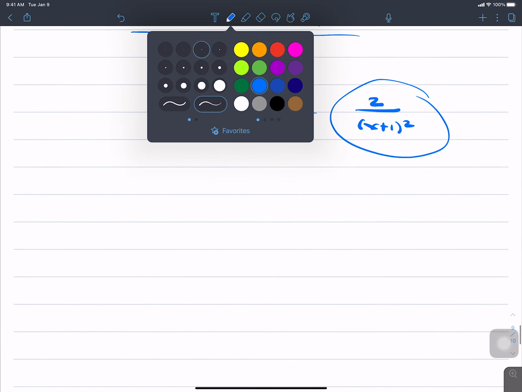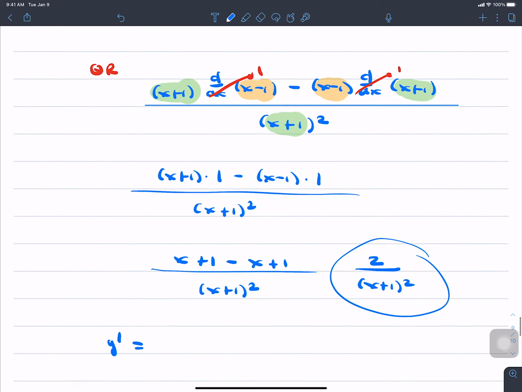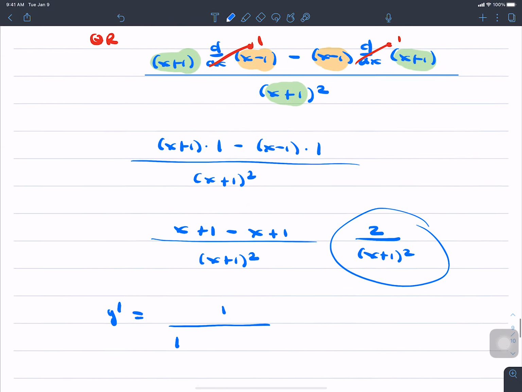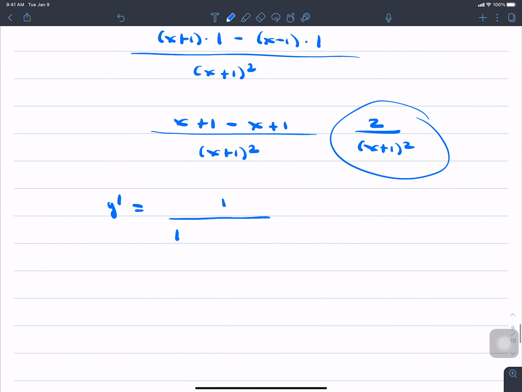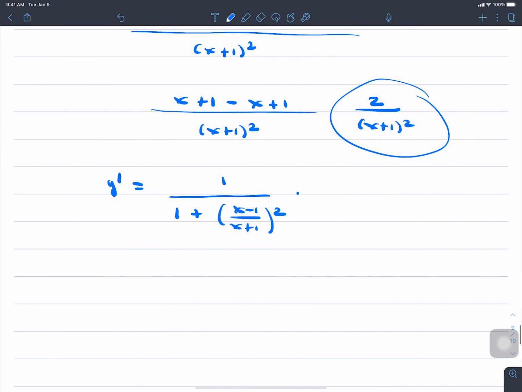So let's put everything together here. Y prime is 1 over 1 plus x minus 1, x plus 1 squared. There we go. And that'll be times 2 over x plus 1 squared.